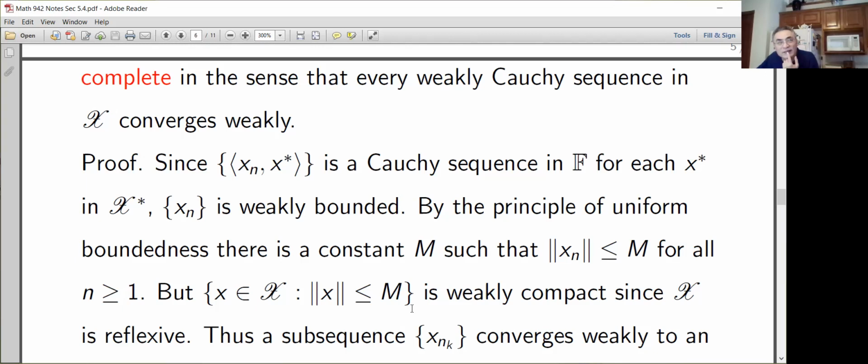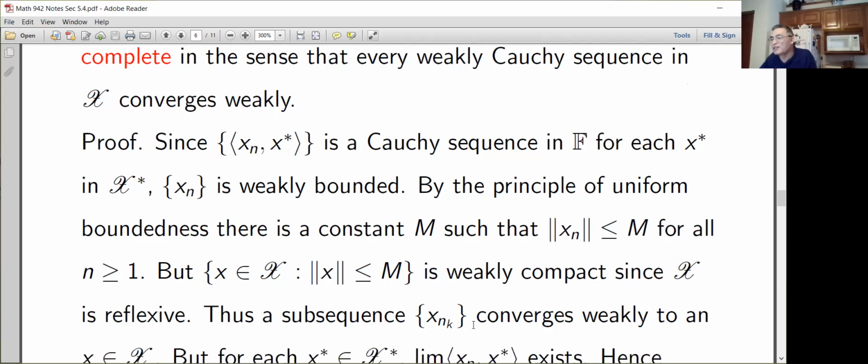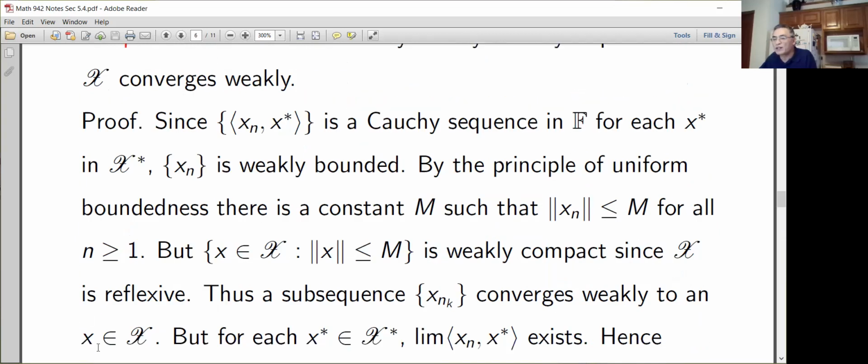Weakly compact means this is compact in the weak topology. So since it is compact, there is a subsequence which converges in that topology, converging weakly to a vector X in script X.